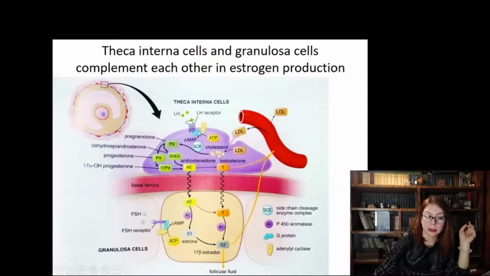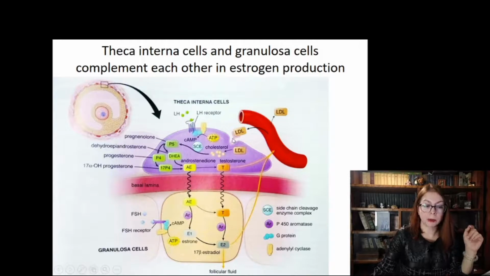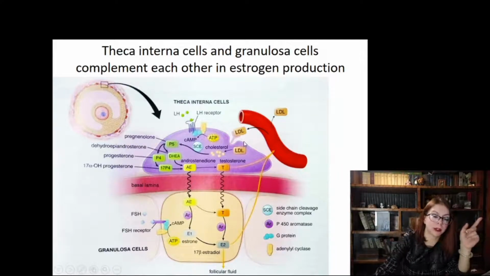The theca interna cells, here in purple color, have receptors for luteinizing hormone, so they are affected by luteinizing hormone, and it triggers a chain of events with the formation of cyclic AMP. But besides luteinizing hormone, they also expose low-density lipid receptors.